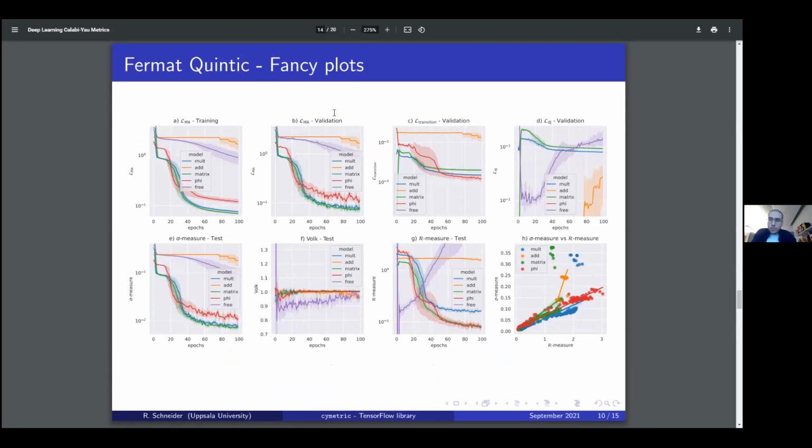So there's going to be a lot of plots. I'm not going to have the time to go through all of them. But the first thing I want to emphasize is what we can see here: we have the 5 different models which I proposed before. We have the multiplication models and the phi model, the free model, and addition correction.